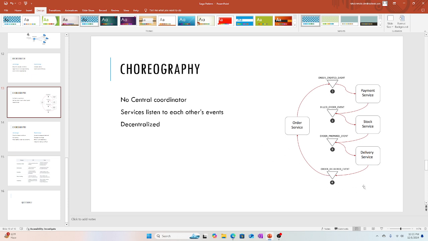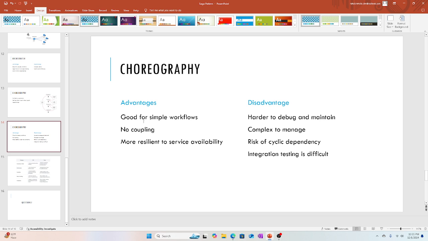So we have to be careful when adding new services there. So this is the flow of choreography.